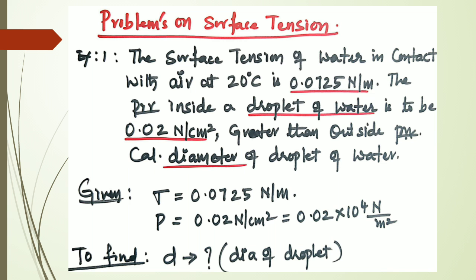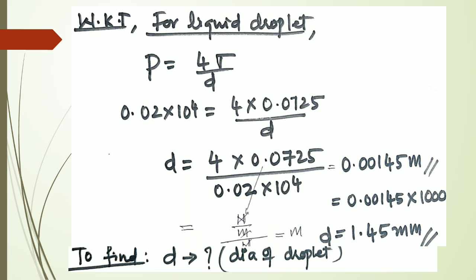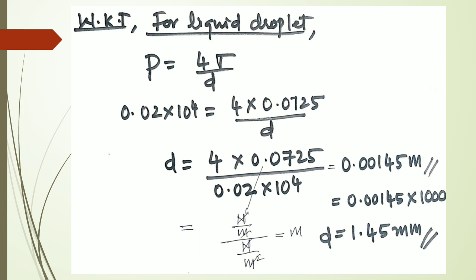Then to find the diameter of the droplet, we know the equation. When there is a droplet of water or liquid droplet, the pressure can be written as 4 sigma by D. And if it is a hollow bubble, 8 sigma will come.